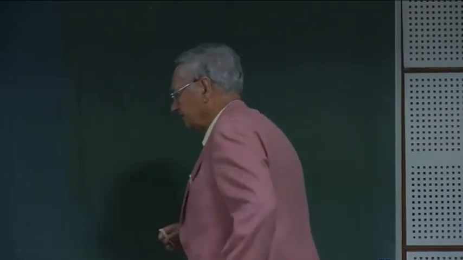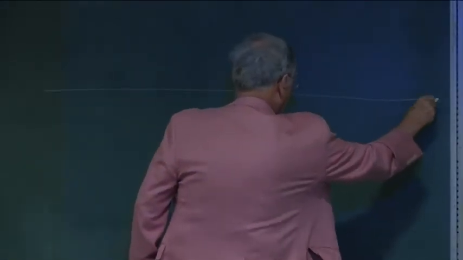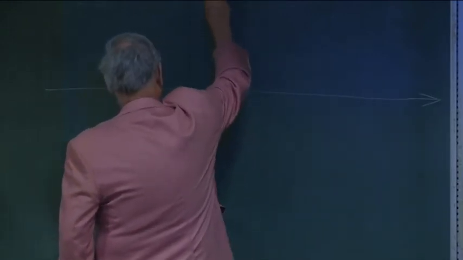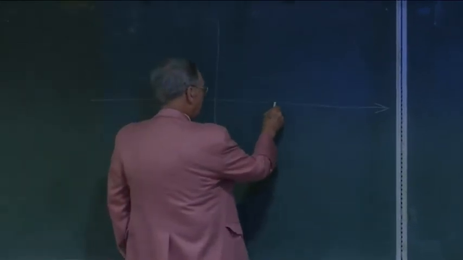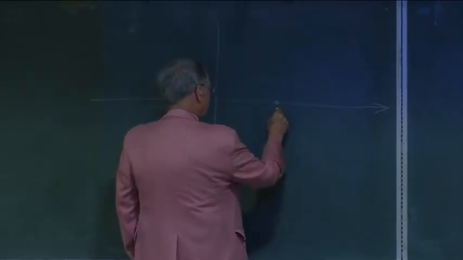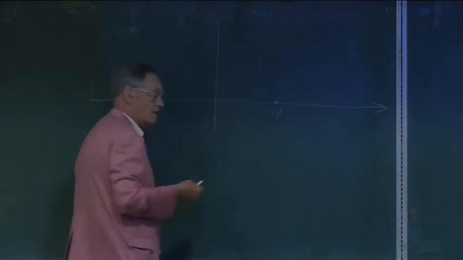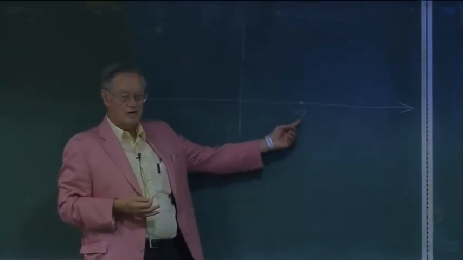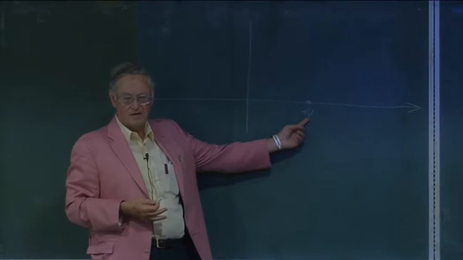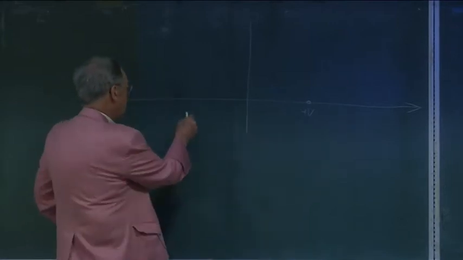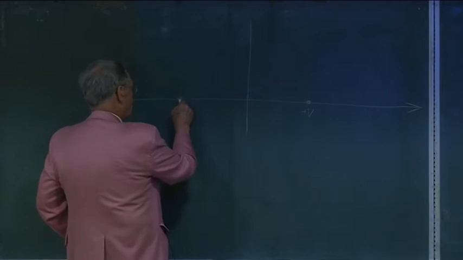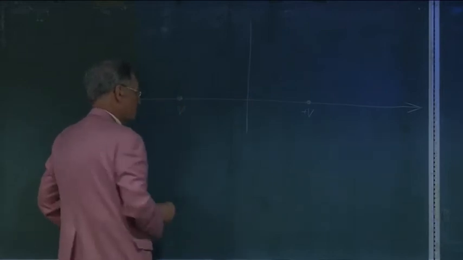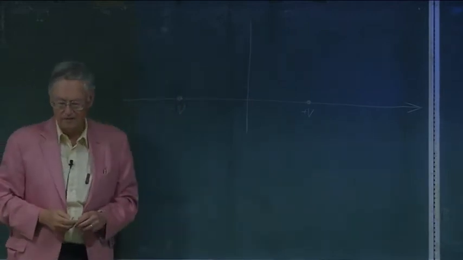So if we think of the x-axis here as representing voltage, what we would transmit, say if we were going to transmit a 0, it would go out as a sine wave pulse of amplitude plus V, and if we were going to transmit a 1, it would go out as a sine wave pulse of amplitude minus V.